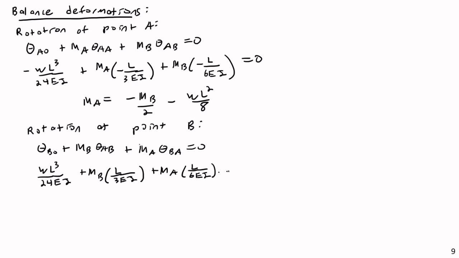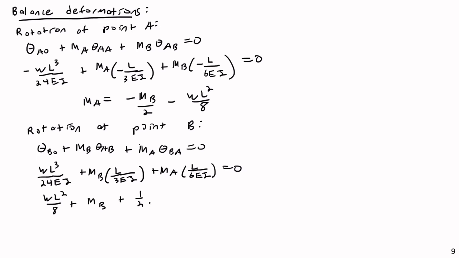All this equals 0. And then I want to simplify this a bit. If you simplify this, canceling out a few terms, you will get WL squared over 8 plus MB plus 1/2 MA. A lot of this stuff cancels out.